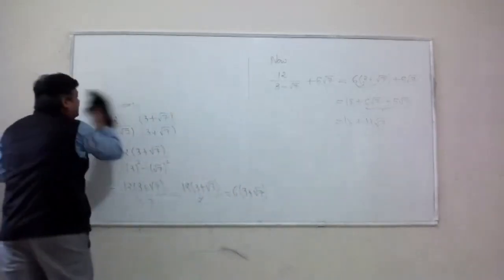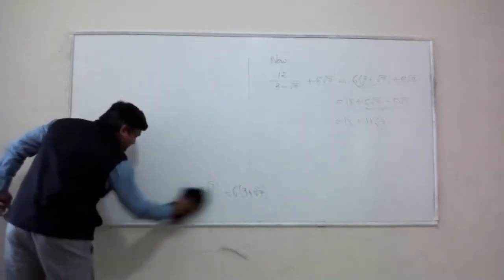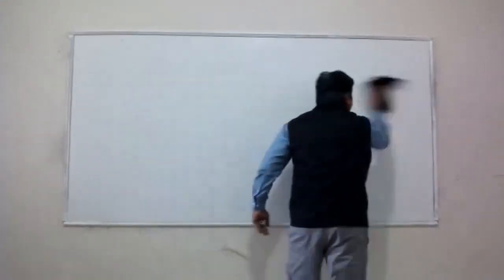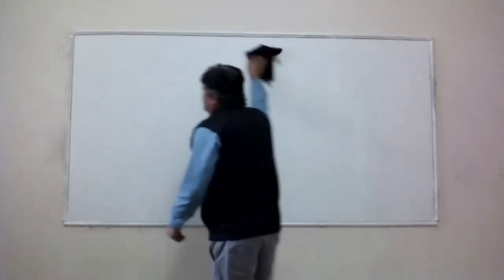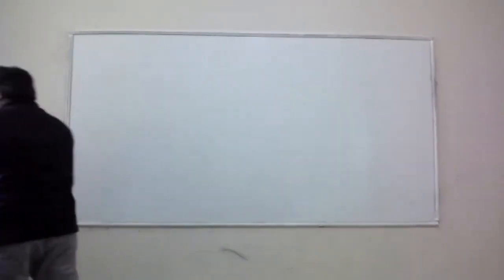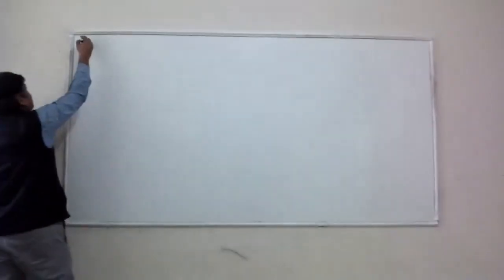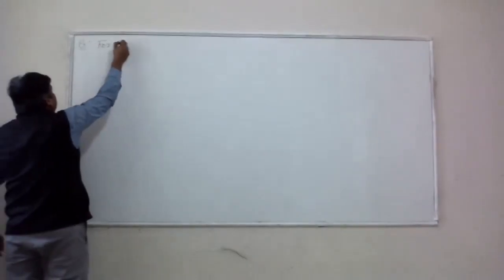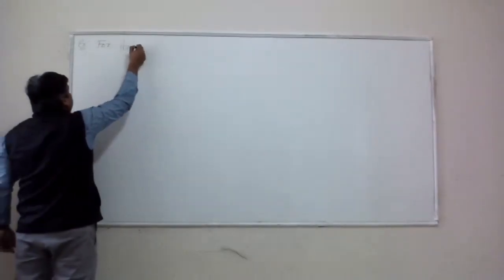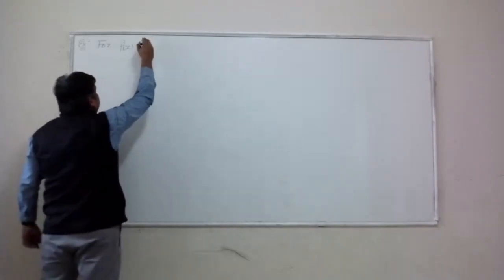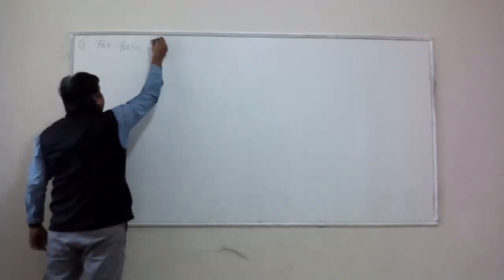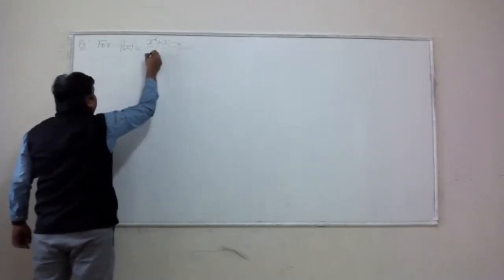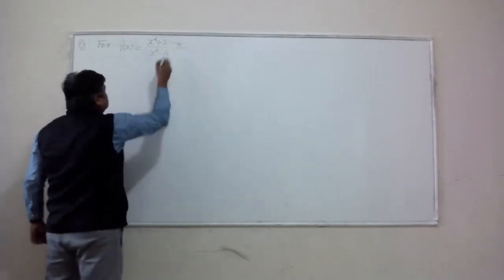So here is an interesting problem related to functions. Let's say I give you this function, f of x equal to x squared plus x minus 6 divided by x squared minus 4.